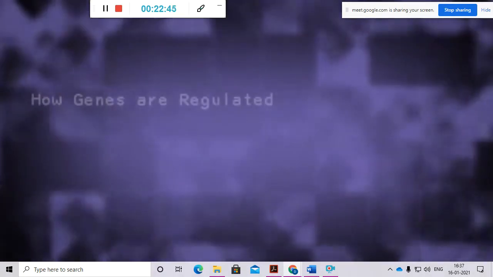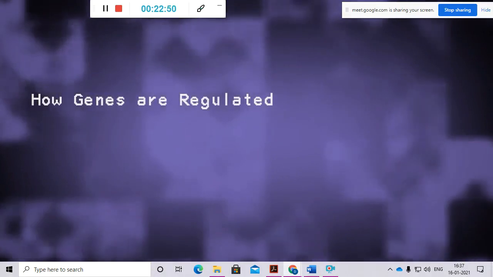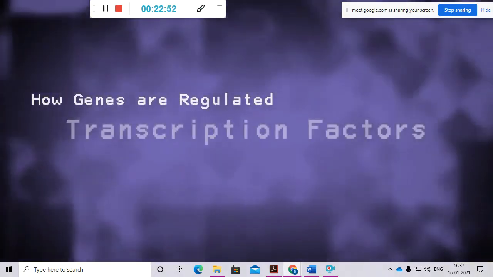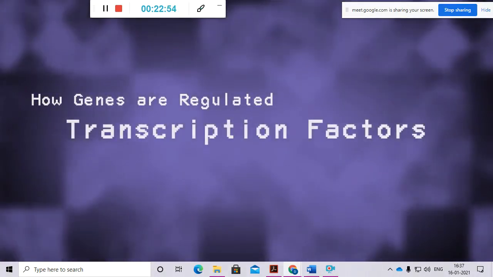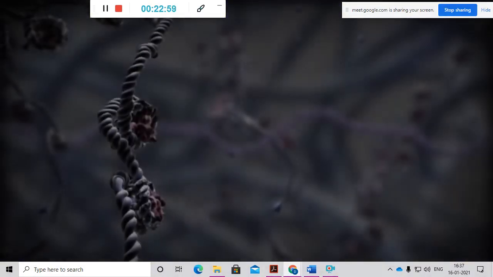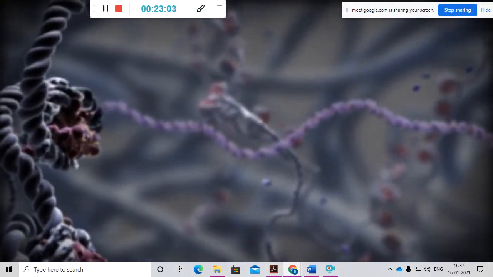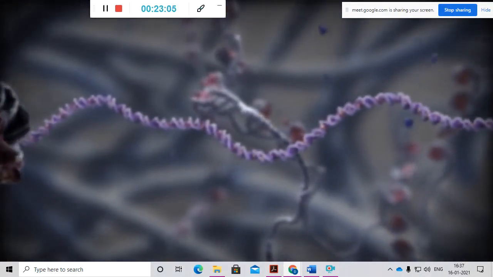By controlling which genes are active, a cell can take on special characteristics. Muscle cells and neurons have the same DNA but perform different functions because they use different sets of genes. A key challenge in genetics research is to understand how transcription factors find the correct DNA sequences to control genes. In the nucleus, DNA is condensed into a DNA-protein complex called chromatin.